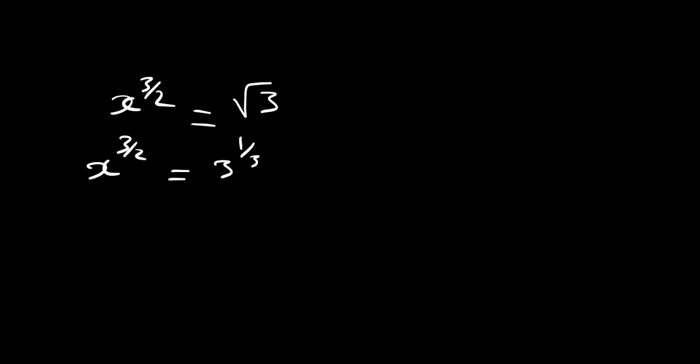Now for us to remain with x on the other side, multiply by the reciprocal, which is 2 over 3, on both sides.